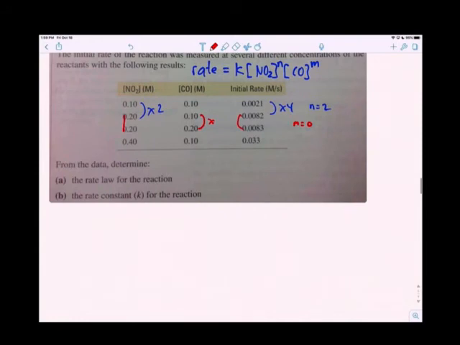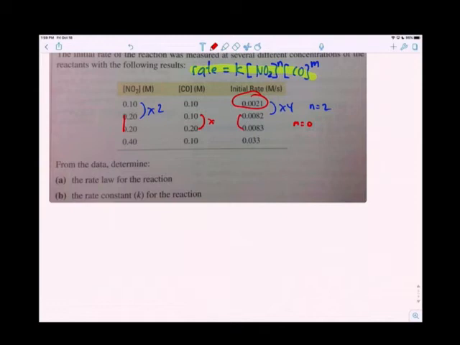Let's say that you didn't do the inspection and you want to solve it mathematically. What you do is you take this rate law and you apply it. I'm reading the rate here.